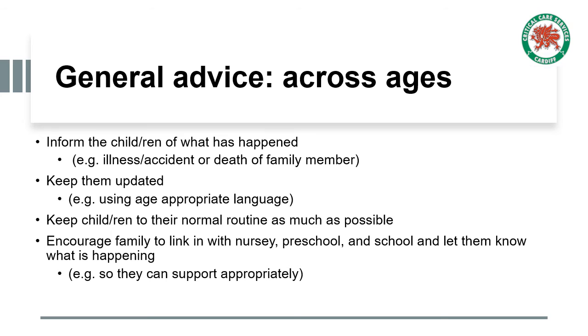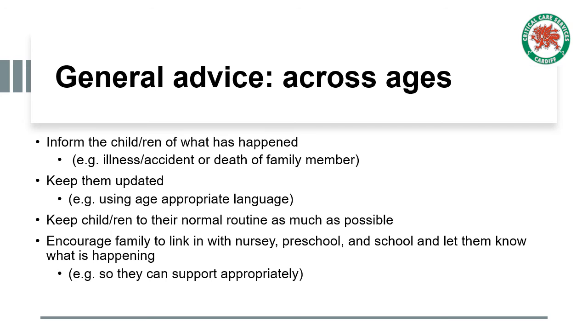Where possible, families should try to keep the children's and young adults' routine as normal as possible, and encourage family to link in with nursery, preschool, school, and let them know what's happened.